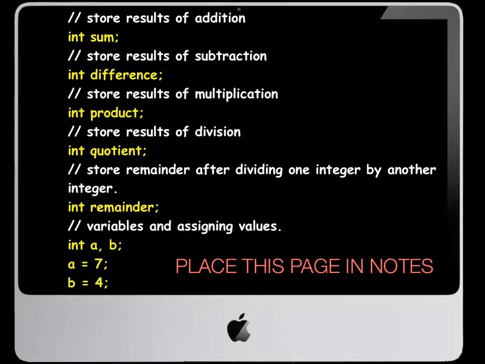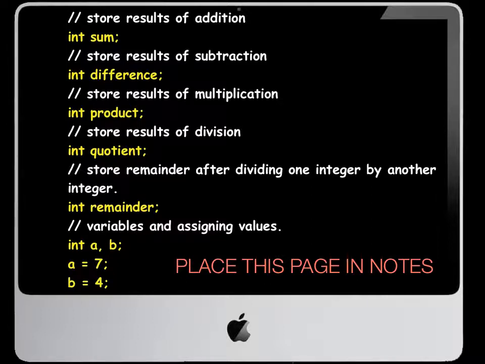Note that we assigned values to our variables a and b differently than in our first variables program. Also note that we do not have to assign values to variables, so we did not for sum, difference, product, quotient, and remainder.